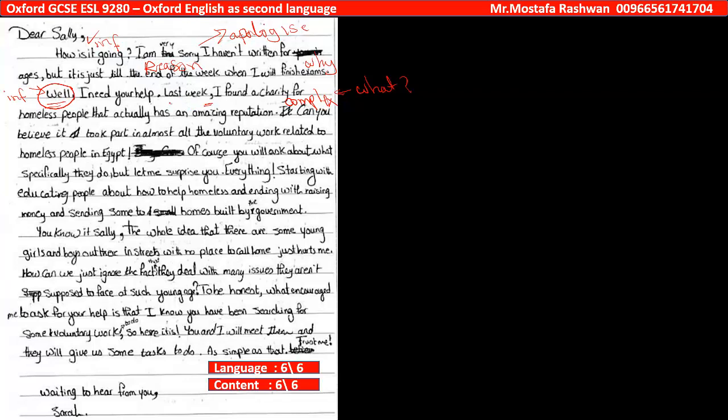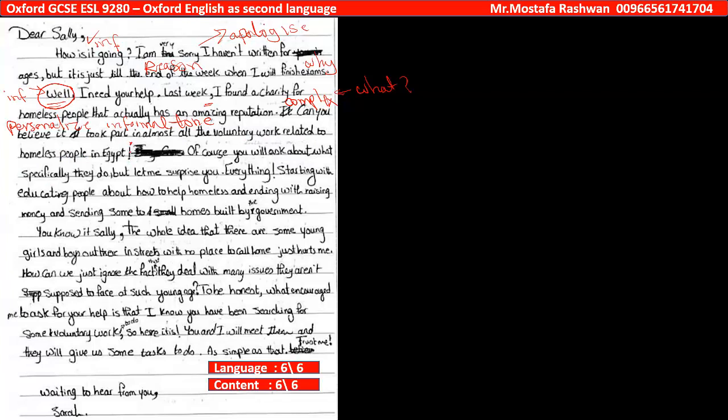Punctuation is excellent. Ideas are clear. Can you believe that? This is a way of creating interest or a way to personalize your writing, to show the informal tone. It took part in almost all of the voluntary work related to homeless people in Egypt.